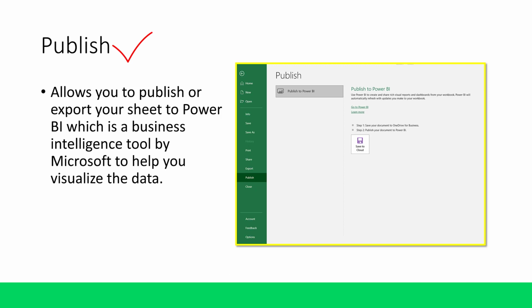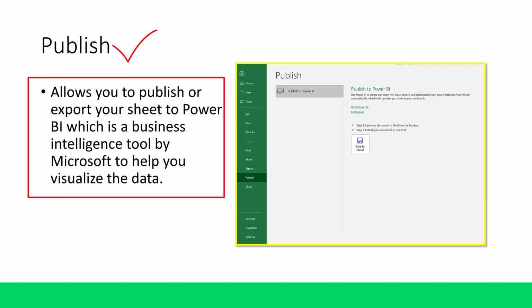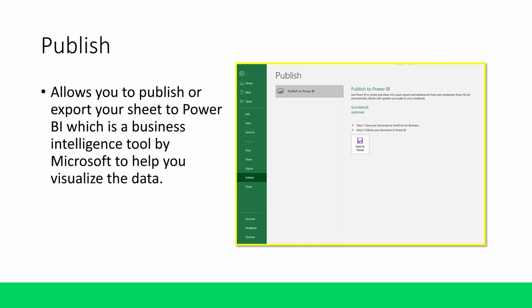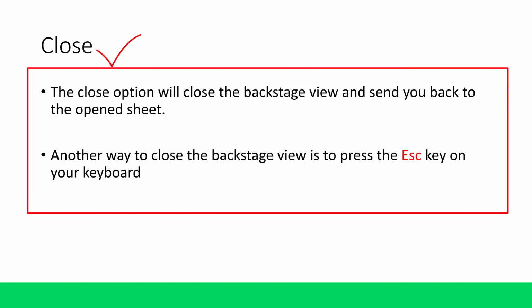There is publish. Publish, we aren't going to do much about it because it allows us to publish to what Microsoft calls Power BI, and that is a business intelligence tool that they have created, which is beyond the scope of this lesson. For that matter, we won't talk much about that. Then close. Close is going to just help us get rid of the backstage view.